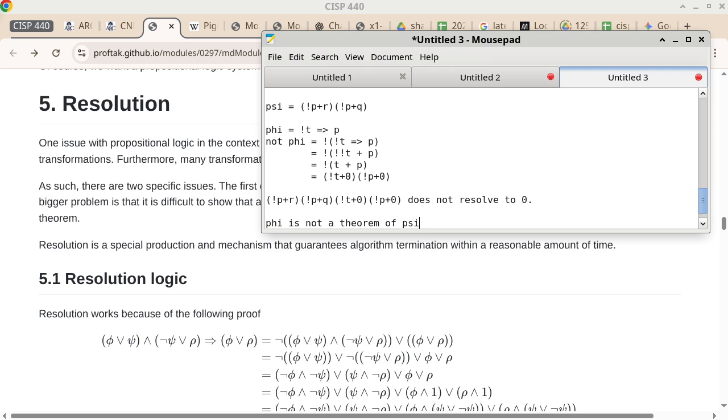That's the only conclusion. Are we good so far? Yes. We got there by concluding that we cannot resolve to false. In fact, we cannot perform a single step of resolution in this case.